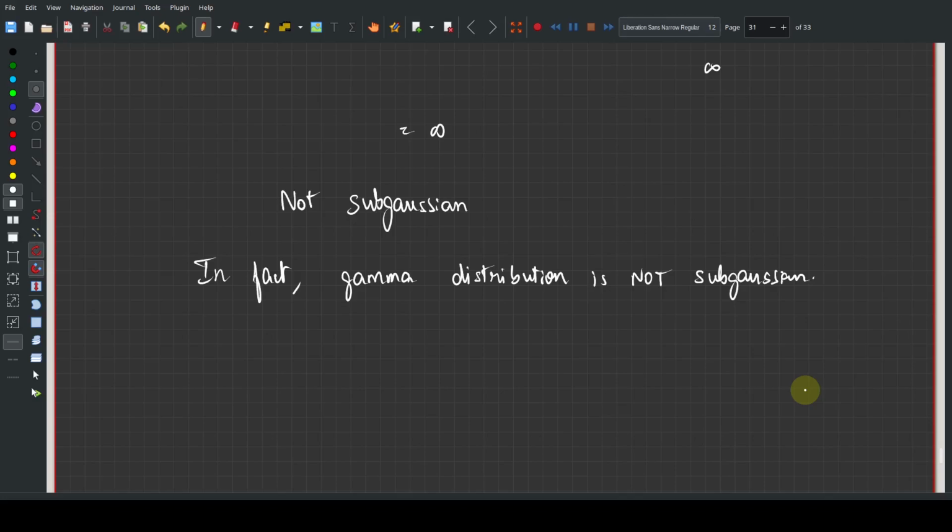So for Subgaussian distributions, as we've seen, the moment generating function is upper bounded by e to the lambda square k phi square for all lambda in R. But for subgamma distributions, this is true only for lambda lying in a certain interval. For Subgaussian distributions, the tail bound takes the form e to the minus t square divided by something.